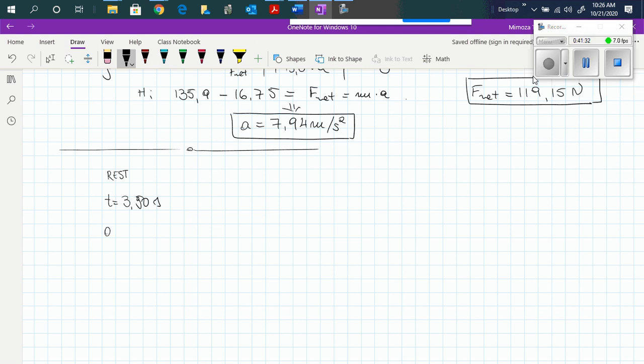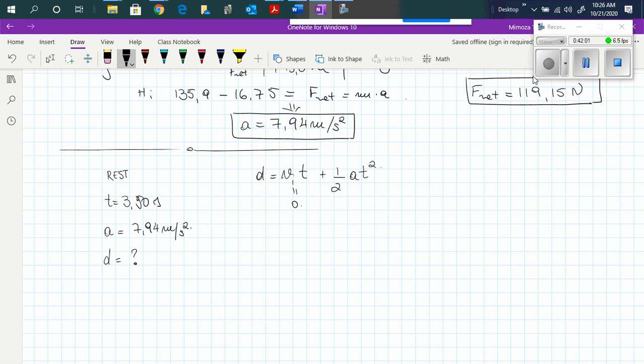And from the previous work, we found that acceleration is 7.94 meters per second squared. So now we are looking for displacement. Based on the kinematics equations, the equation we will use is V initial times time plus 1/2 acceleration times t squared.